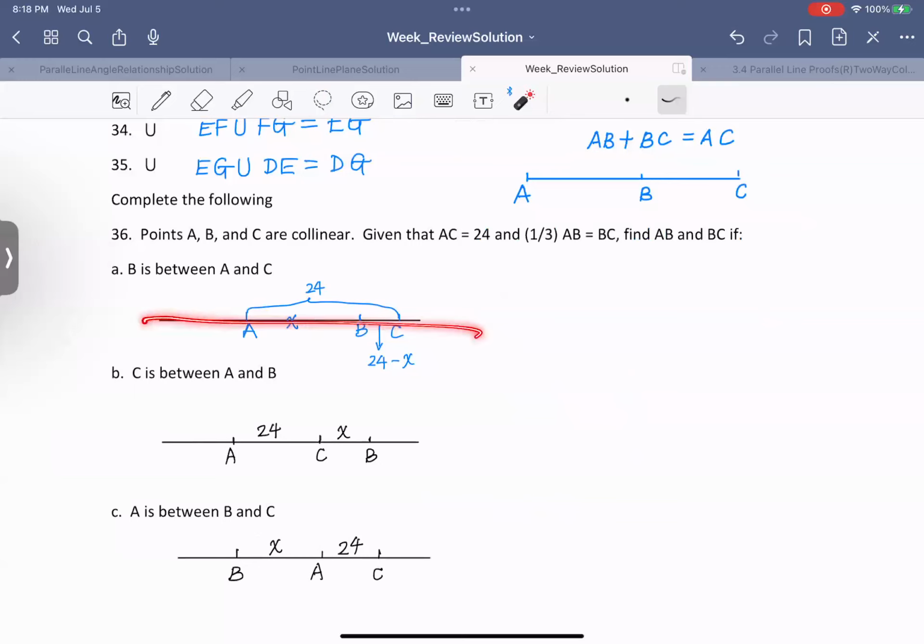Go ahead, draw scenario A, scenario B, and scenario C. And then list your equation based on the given conditions. When you finish, take a picture or scan it, whatever is faster for you. Send me by iMessage.